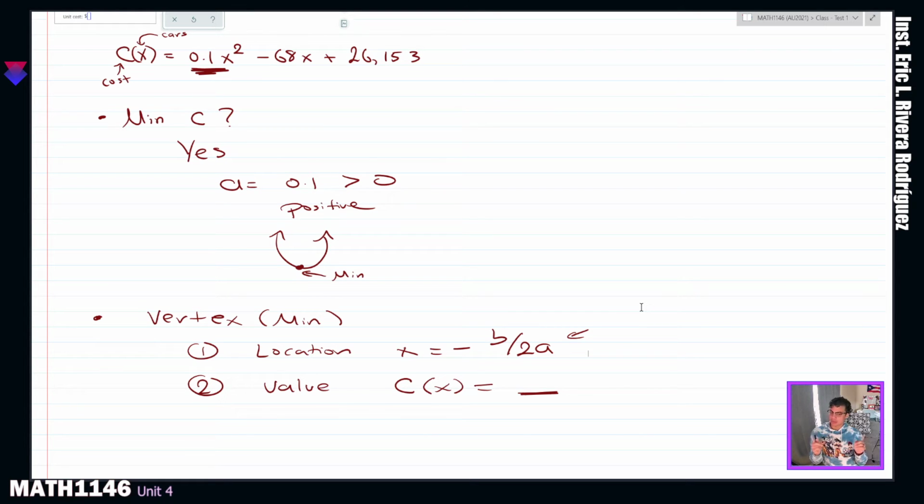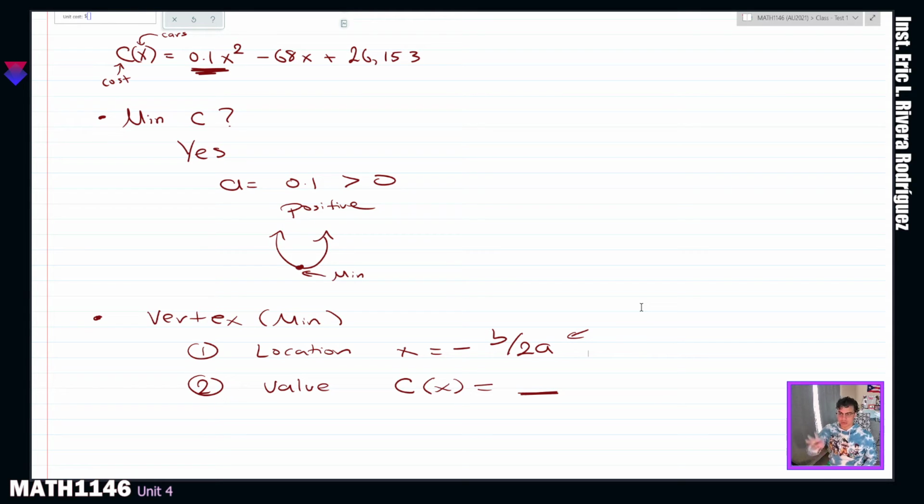Careful with word problems. It is important to understand the question, what we need to answer the question of the exercise, all right? So standard form, and to identify the location of the vertex, use minus b over 2a, right? Whatever that value is, plug that value into the equation to get the value of the function, okay?